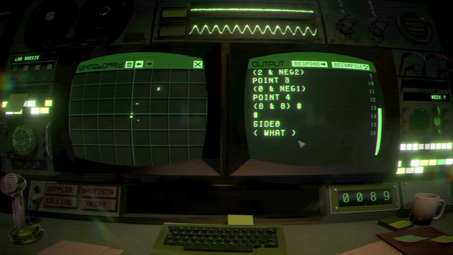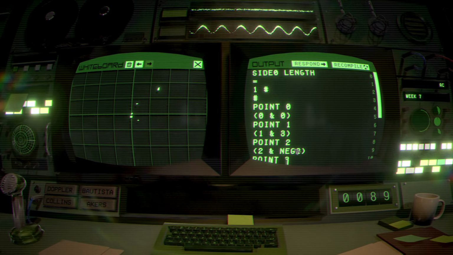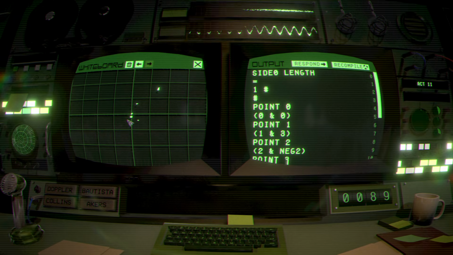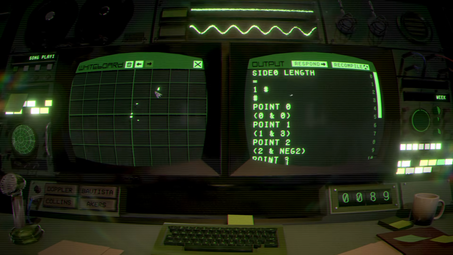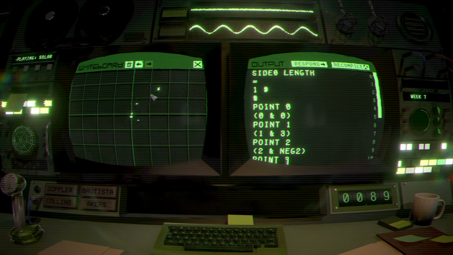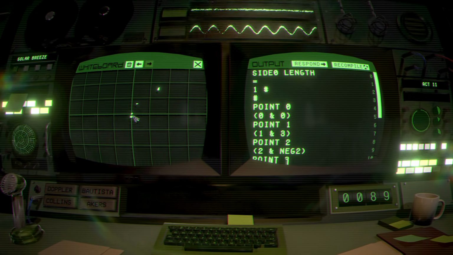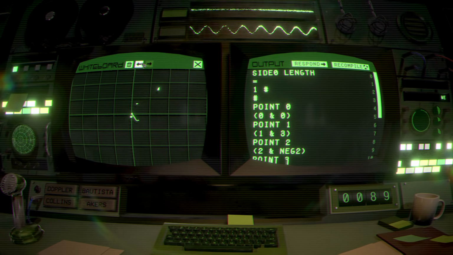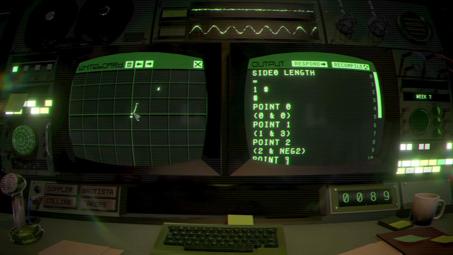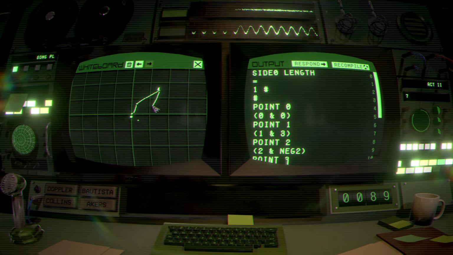Alright, and their question is, side 0 is what? Like, if I'm trying to connect them, what are we forming?